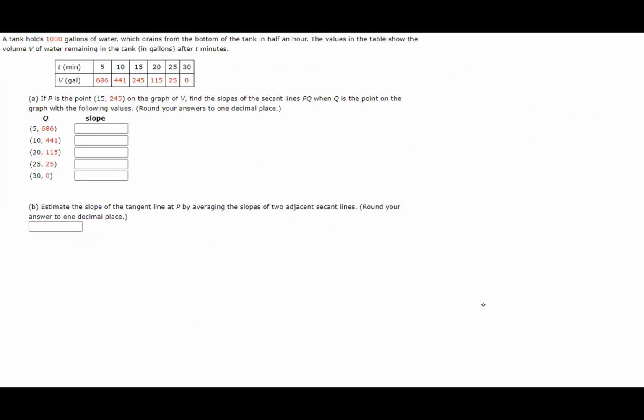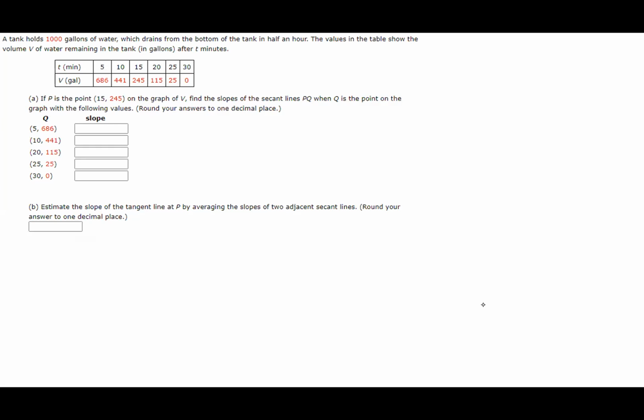All right, so a tank holds 1,000 gallons of water, which drains from the bottom of the tank in half an hour. The values in the table show the volume V of water remaining in the tank after T minutes. So they give us a little table. The top row is time. The second row is volume in gallons.